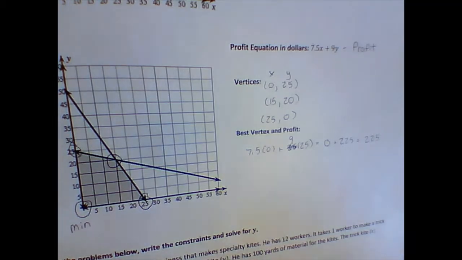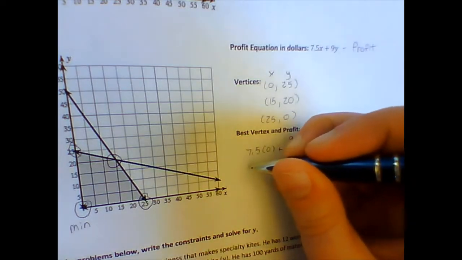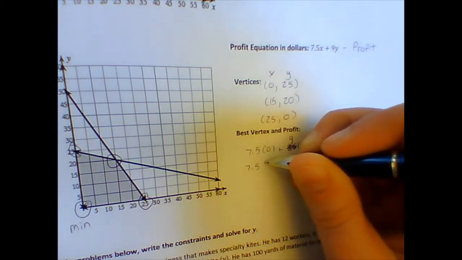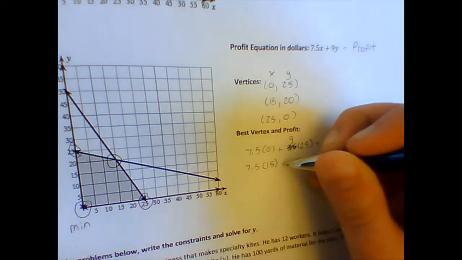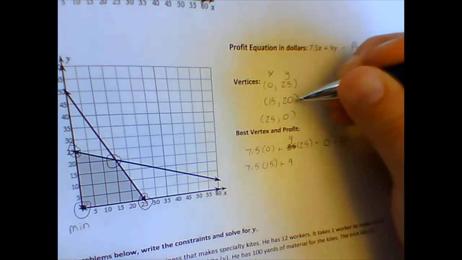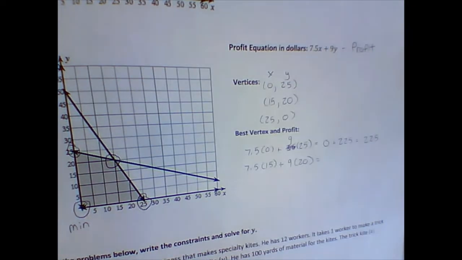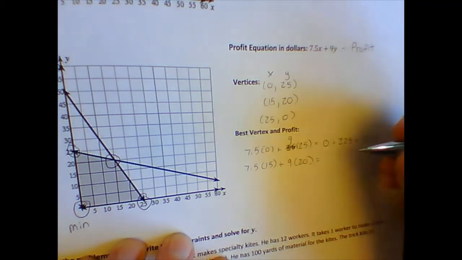So now it's time to look at the next point. 15 will plug in for X. So there's that 7.5, there's the 15. And then we are going to plug in a 20 for the Y, so here's our 9, and the 20 plugs in instead of the Y. And now it's a good time to grab a calculator because 7.5 times 15, better safe than sorry, might as well type it in and see what I get.